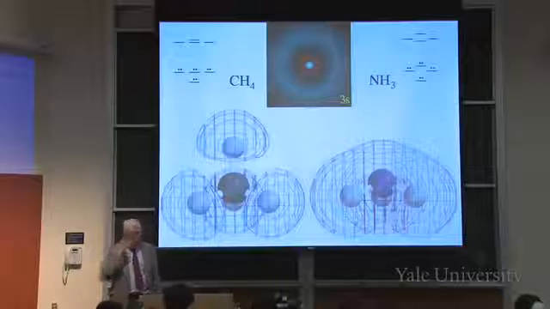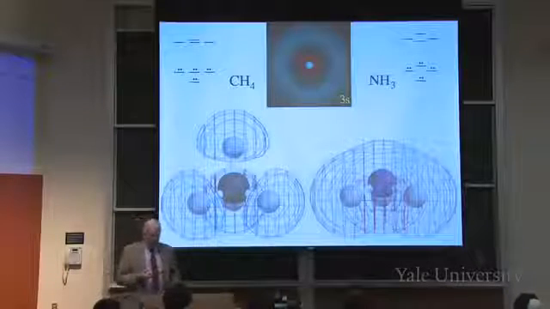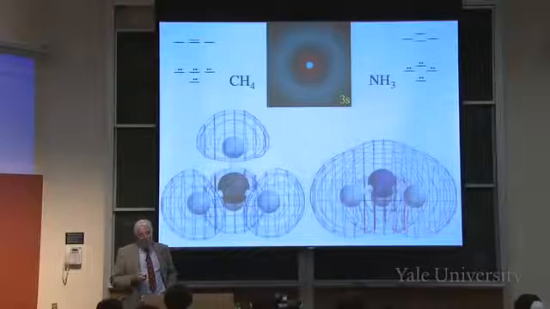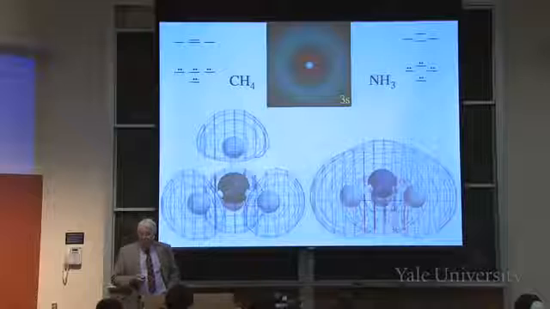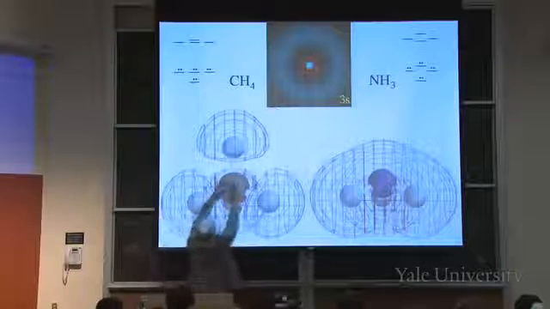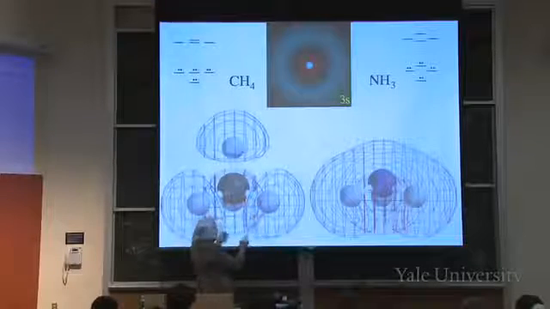So here are the next 4 orbitals made from the valence level orbitals of the atoms involved. What you see on CH4 is the 3s orbital. It has a radial node, right? There's a radial, or spherical, node that surrounds here. So it's red sign inside, blue sign outside.